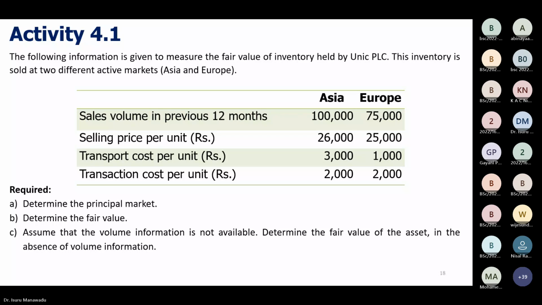In the Asian market, the net proceed is 21,000. In the European market, 22,000. The European market is the most advantageous market, so that market's value is the fair value.